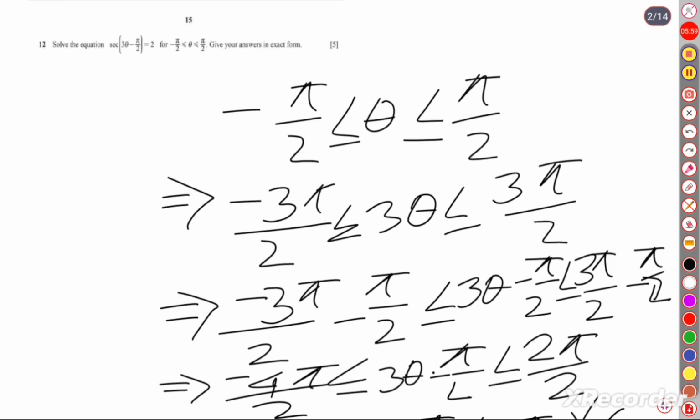The question says sec(3θ − π/2) = 2. Let me copy this question on the next page.